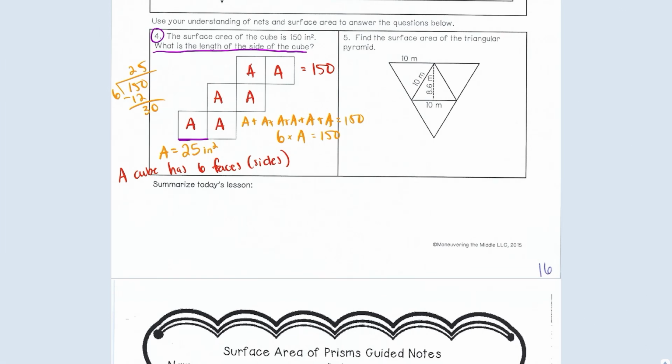Well, hopefully you said that the sides of a square are all the same. So when I'm looking for the side length, I'm going to label this as S. You need to multiply that side times that side to find the area. So what number times itself gives you 25? Think about that for a second.